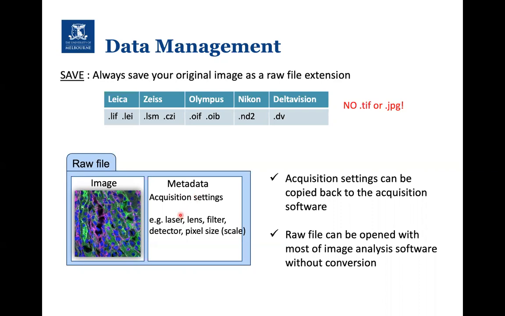So what lasers you used, what objective, what your laser settings and detectors were, your pixel sizes, that type of thing. These commercially available packages should be able to be opened in a number of software packages. So there's the Bioformats plugin in Fiji, for example, which can help you to open up a large number of these file types.